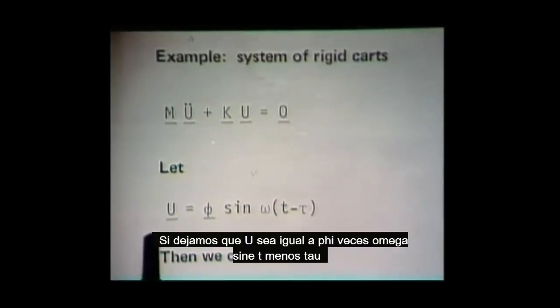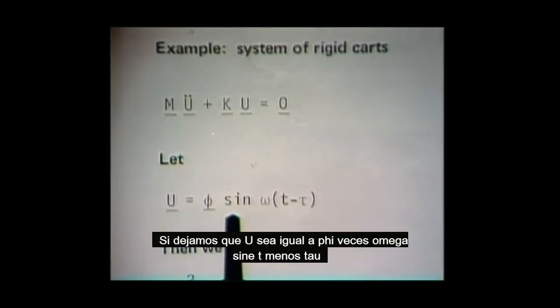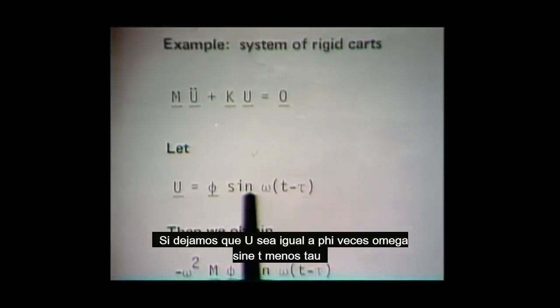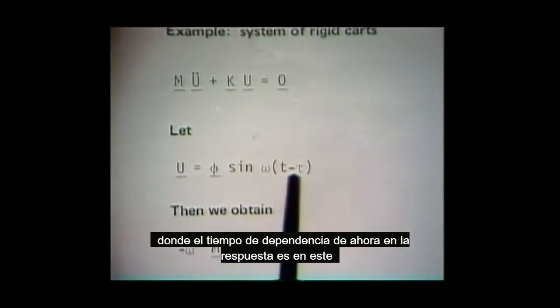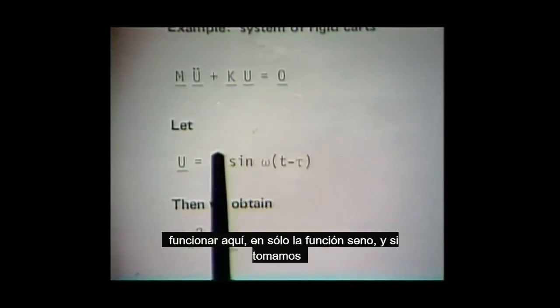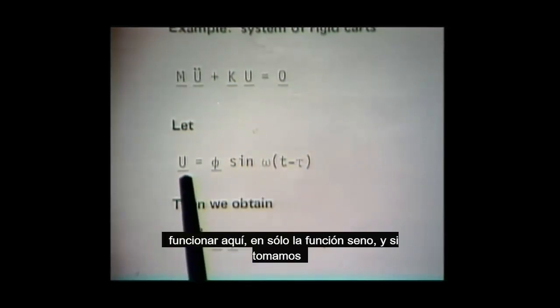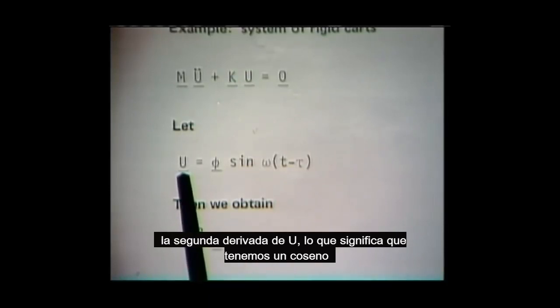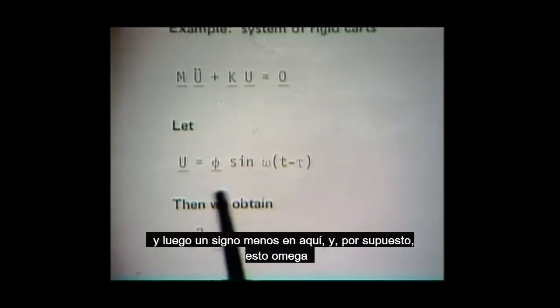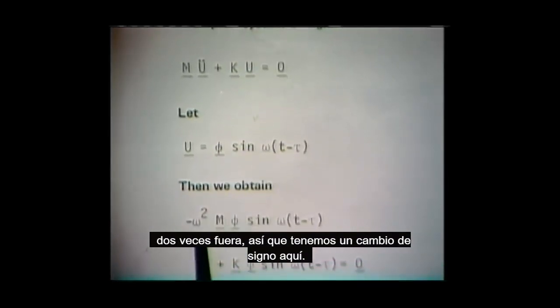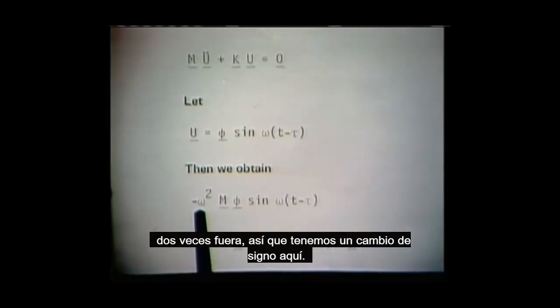If we let u be equal to phi times sine omega t minus tau, where the time dependency in the response is in this sine function only, and if we take the second derivative of u, meaning that we get a cosine and then a minus sign in here, and of course this omega twice outside, so we have a sign change here.